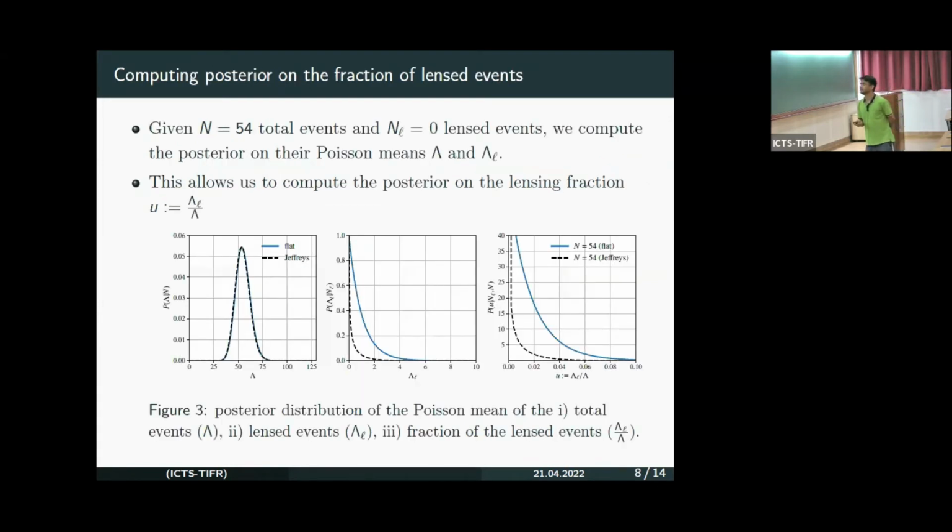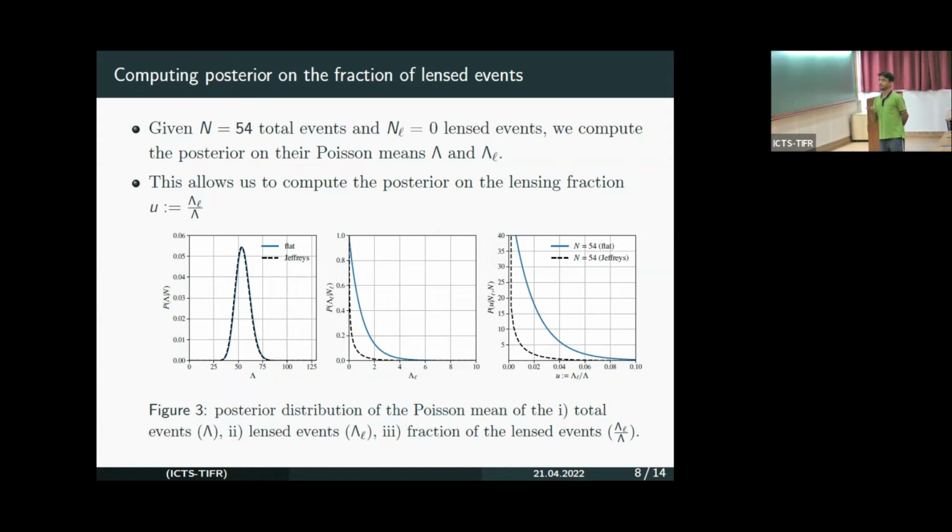Okay. So how do you calculate the posterior on the fraction of lensed events? We are given the data that we have a total of 54 GW events, and we have observed no lensed events so far. We can compute the posterior on that. N_L equal to 0 doesn't directly imply that the compact dark matter fraction is 0.